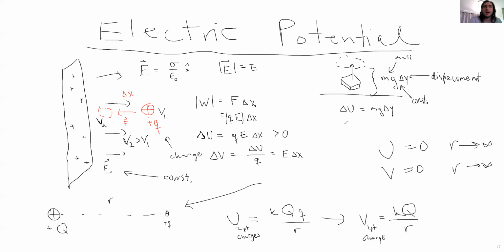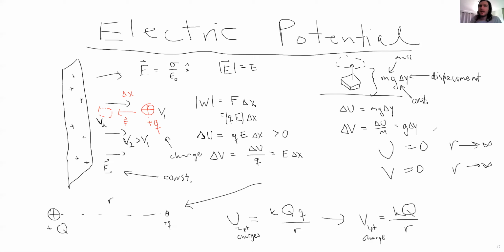If we were to define a gravitational potential, what would we divide by? The mass is playing a similar role to the charge here, so that's what you would divide by. You would take delta U divided by m, and you would get g times delta y.